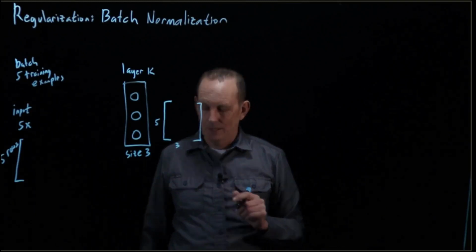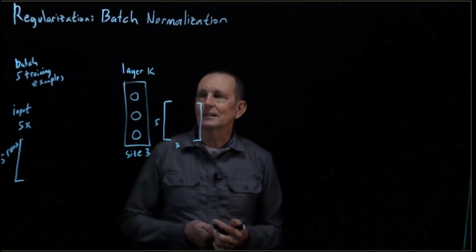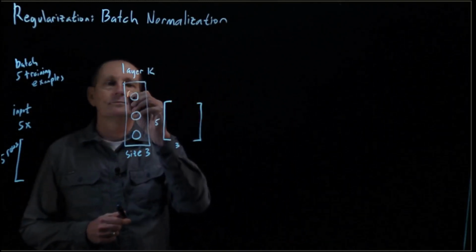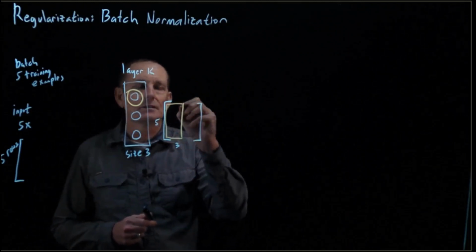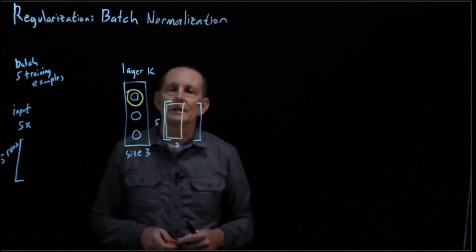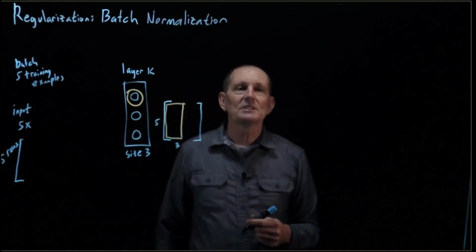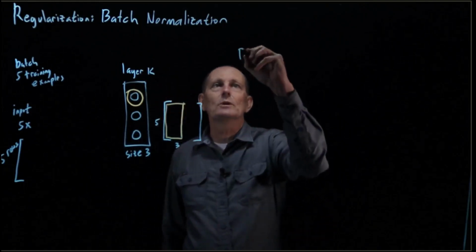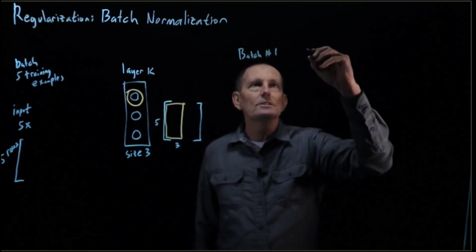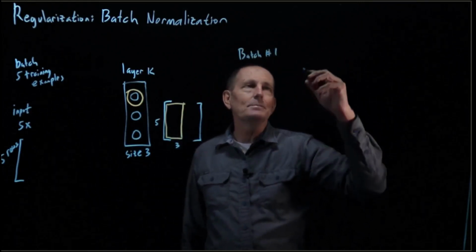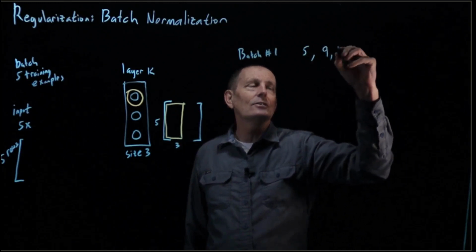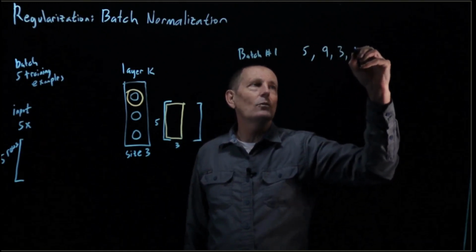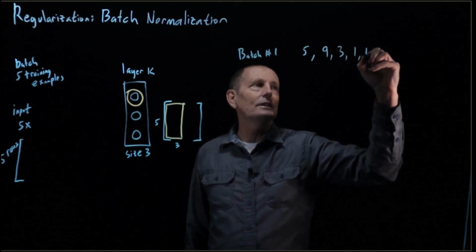Okay, and let's look at one particular node here. There's the first node, which is going to represent the first column. Let's look at some particular values that might come in. Let's say batch number 1. Its values might be 5, 9, 3, 1, and 15.